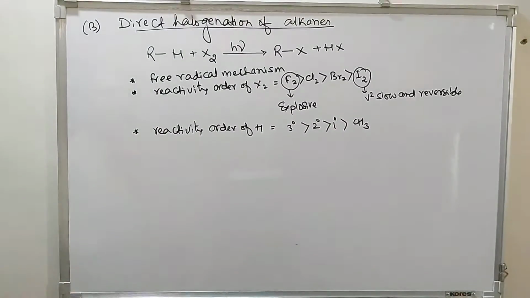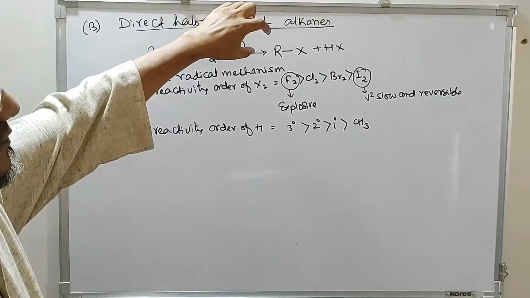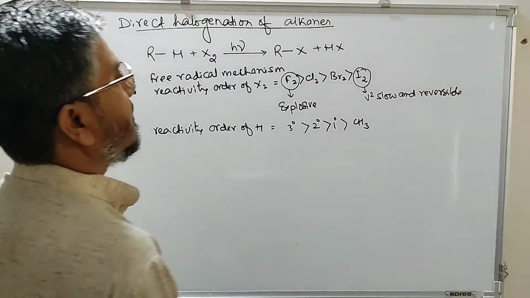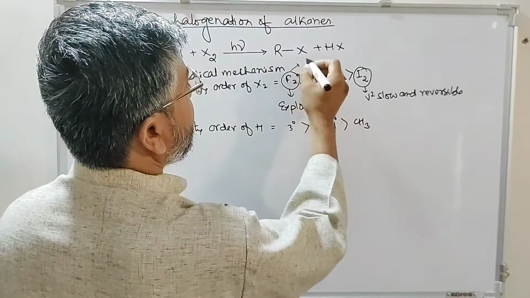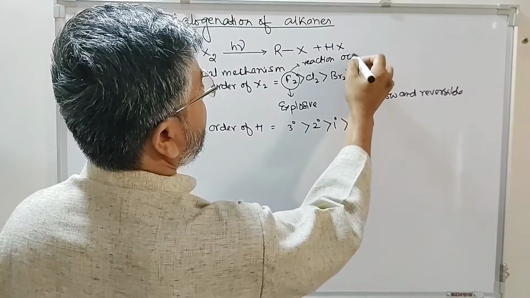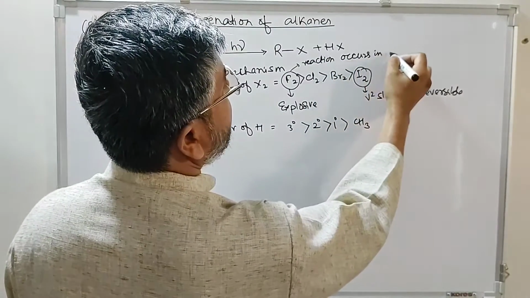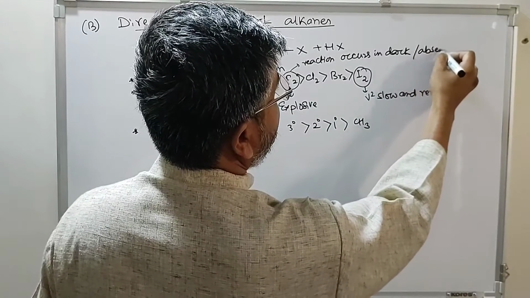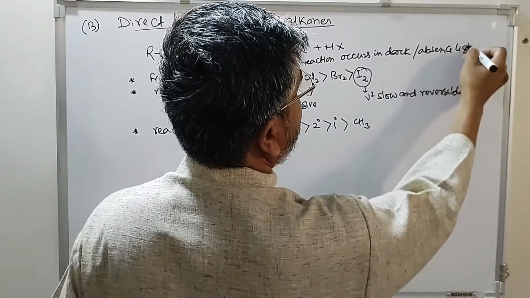Now, as I told you, in this reaction a mixture of alkyl halides is formed. With fluorination, the reaction occurs in dark or absence of light. Even in absence of light, the reaction may occur.